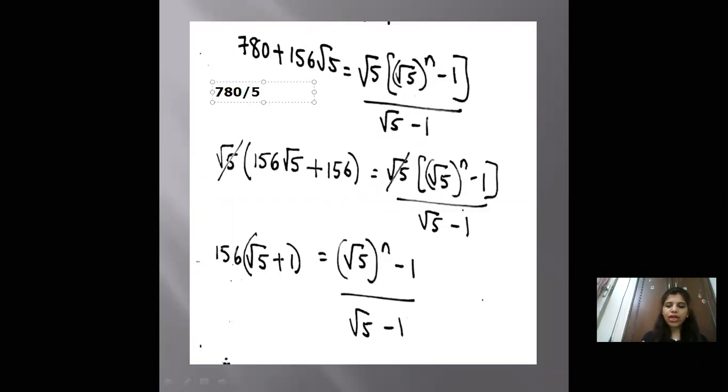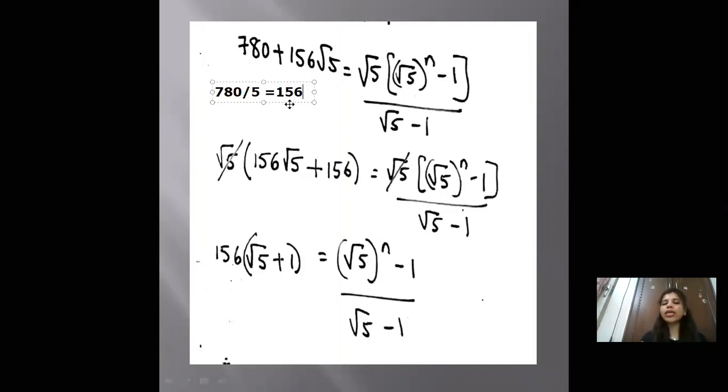When you divide, what answer do you get? 5 ones are 5, 2 carry over, 5 5s are 25, 3 carry over, 5 6s are 30. That means you're left with 156. When you multiply 156 and 5, what will you get back?